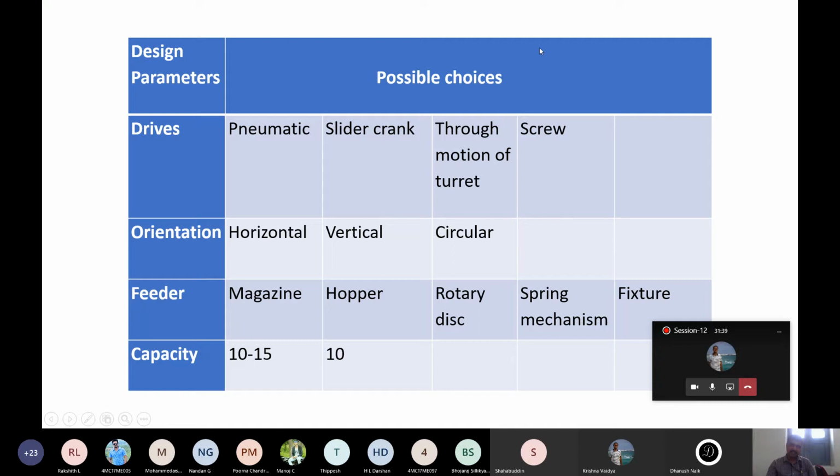For that, they divided the problem into four design considerations: drives, orientation, feeder, and capacity, that is, how many washers it should hold. Based on that, they thought about various solutions and designed. Like that, for your project work also you can make use of this morphological analysis.